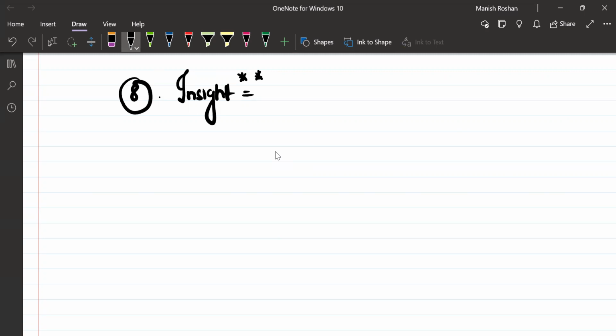Today I'll be looking into the definition of insight. We will also be looking at the various gradations of insight. So first we should be looking into the definition of insight.